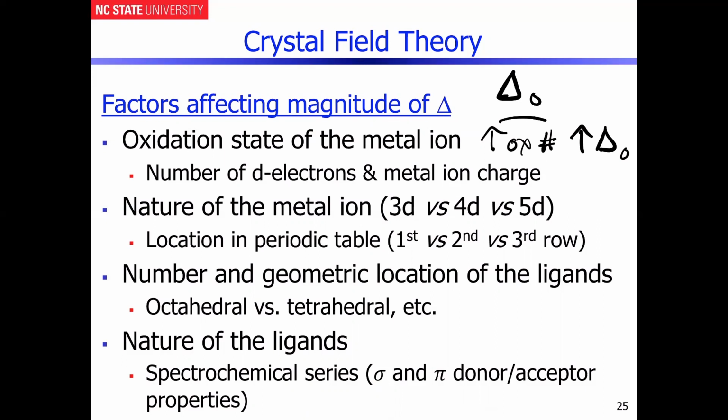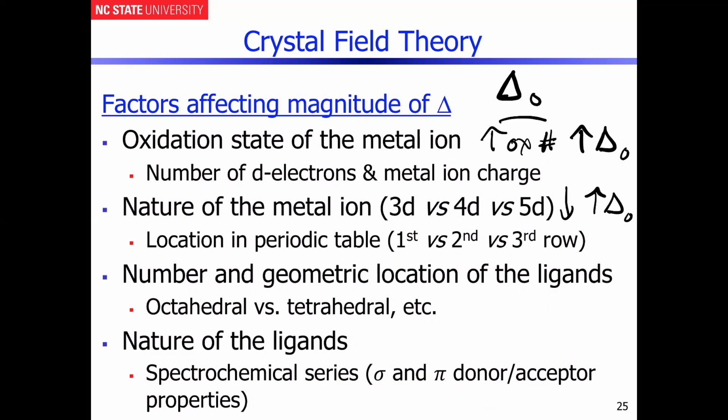And the next part of this was the nature of the metal ion, but we didn't discuss this in a lot of detail. But as you go down the periodic table, del O also increases, and that's simply because the d orbitals get larger, and then they're able to overlap with the incoming ligands significantly better, and that makes stronger bonds.